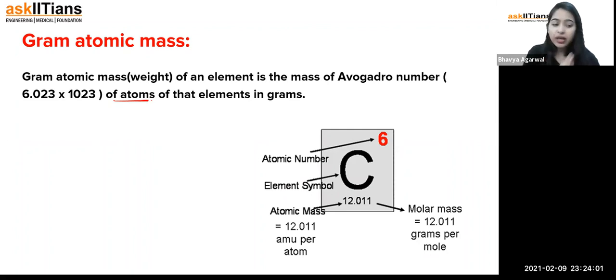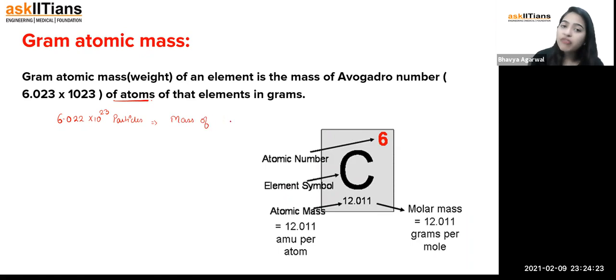And from there, he found out that if I take Avogadro number of particles, which is 6.022 into 10 to the power of 23 particles, then that represents the mass of that particle in grams.